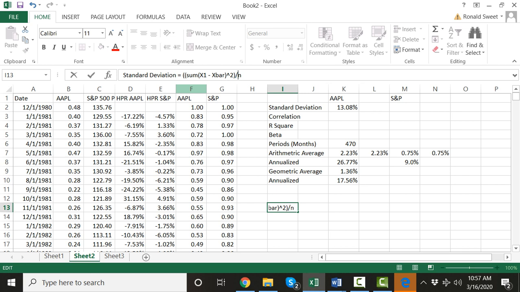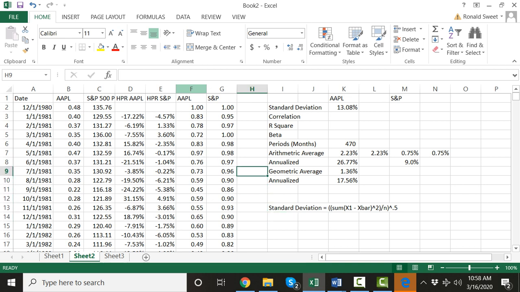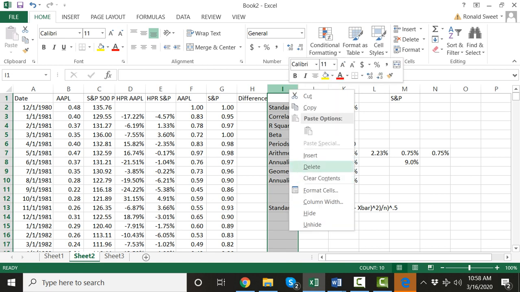So let's see if it actually works. So the first thing we do is get the difference. So the difference, we're going to do this both for Apple and the market. So let me add a column so we can do that. So here's the difference for Apple.